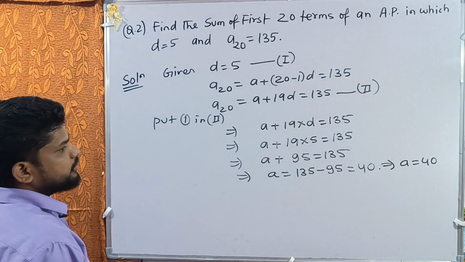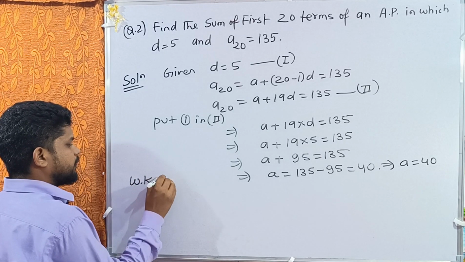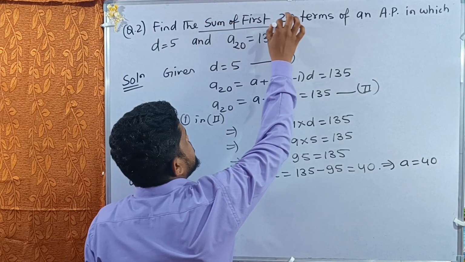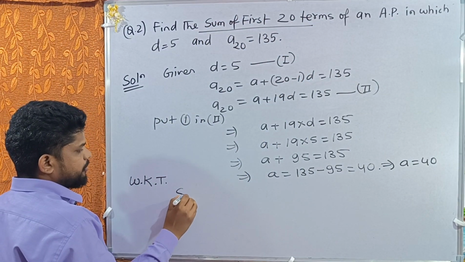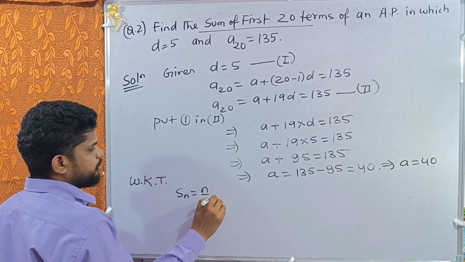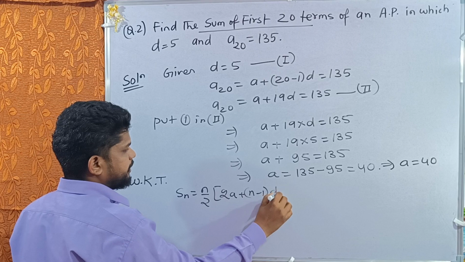Now we all know that the formula for the sum of the first n terms is given by n by 2 times (2a plus (n minus 1) d).